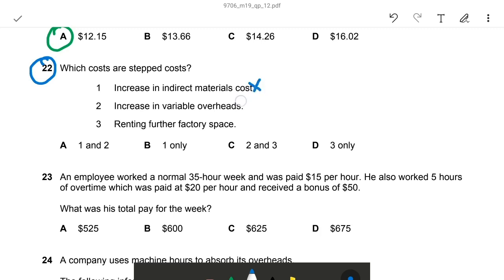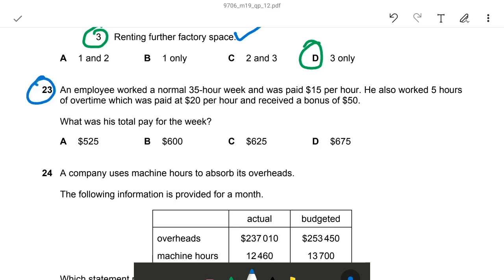Increase in variable cost: again variable, no. Renting further factory space: yes. If the factory space is increasing and the rent increases suddenly, that is a stepped cost. So the correct answer is D, 3 only. Next.